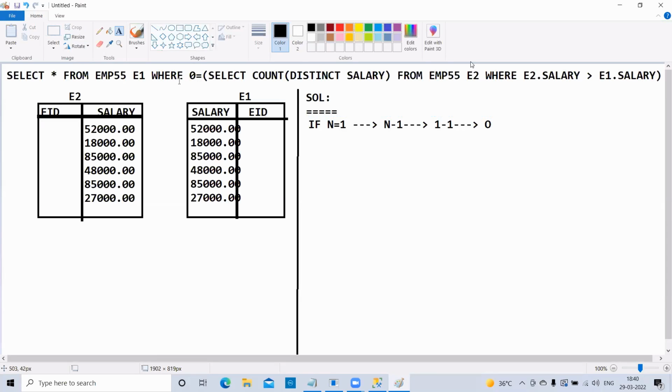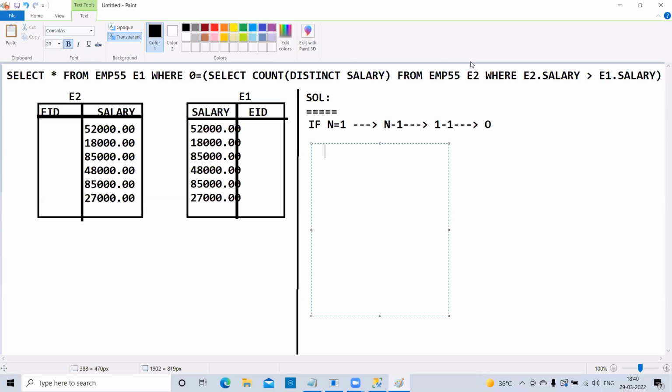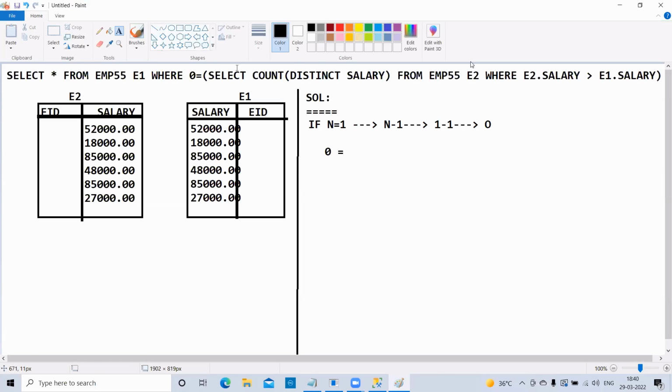So this 0 is called the outer query value. I just keep the outer query value 0 equal to the inner query value I want to find out. Whatever inner query value comes to you, that value is compared with the outer query value. Now, 0, how it came, you understand.